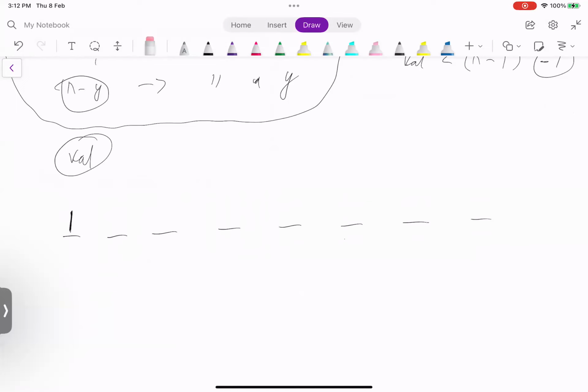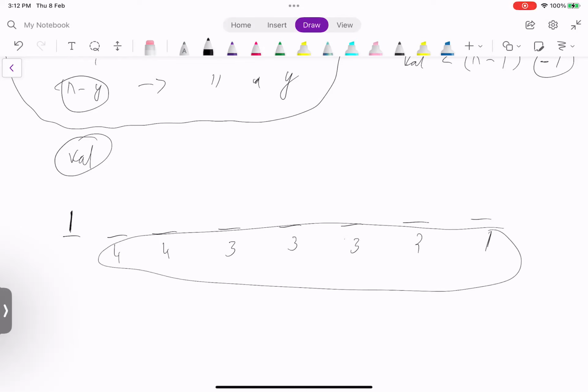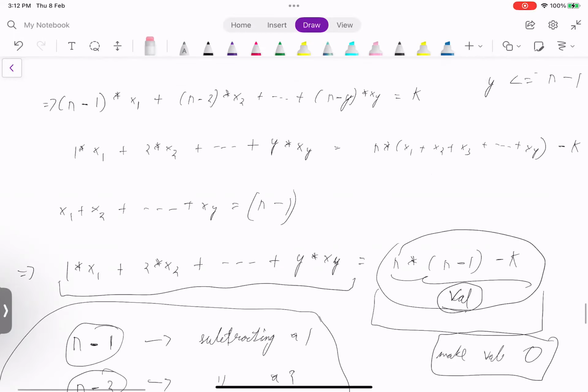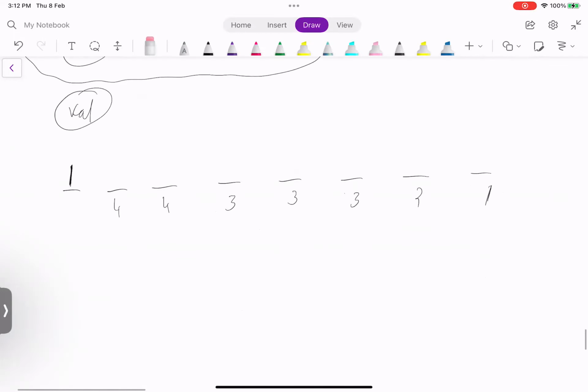So basically, we should be able to put like this: 1, then a 2, 3, 3, 4, 4, something like this, right? So by adding such kind of values, we should be able to make LHS perfectly equal to value from the derived equation. So for that, let's take an example and then see how we'll be constructing it.